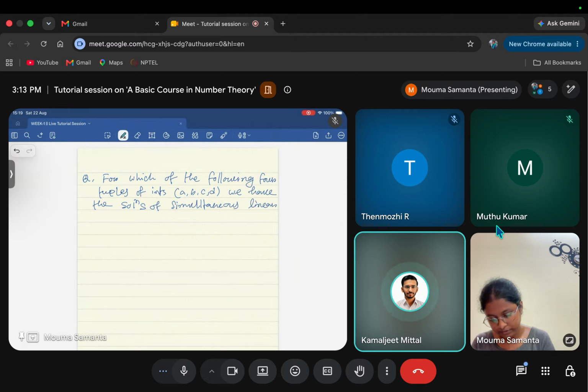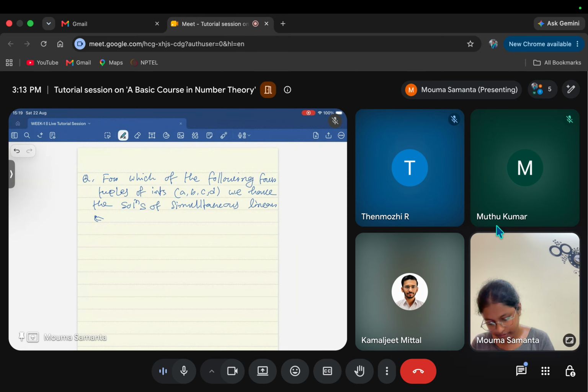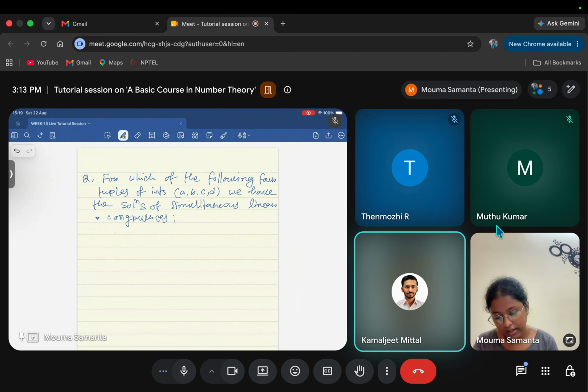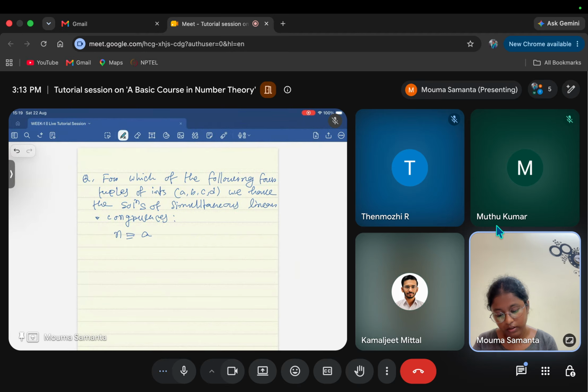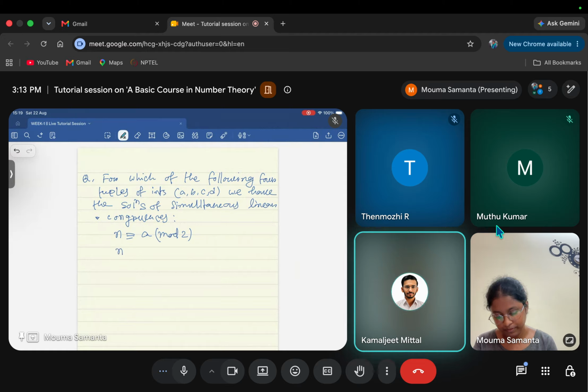The congruences are: n is congruent to A mod 2, n is congruent to B mod 5, n is congruent to C mod 6, and n is congruent to D mod 15.